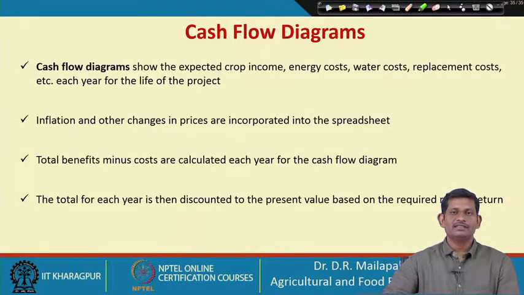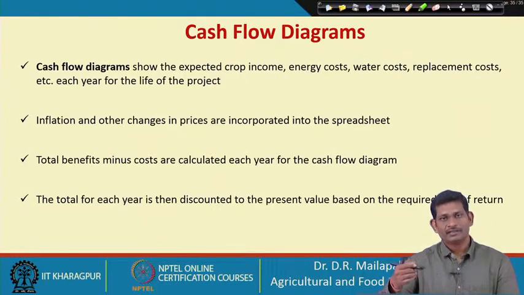With these three indicators in the cash flow diagram, we will be judging whether investing in a particular project, drainage or irrigation project, is beneficial or not at a particular interest rate and over a period of time.